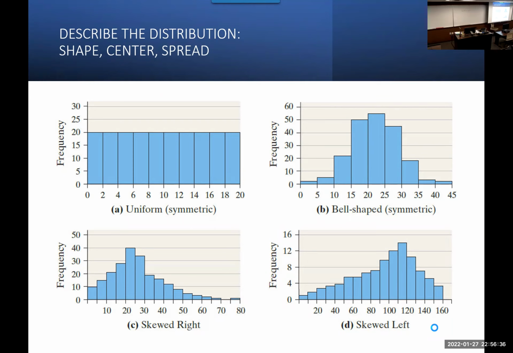Sorry, I didn't add it onto your notes. Because these shapes are really important. We will keep coming back and asking what the shape, the center, and the spread of our distribution is based on these characteristics we're learning right now.